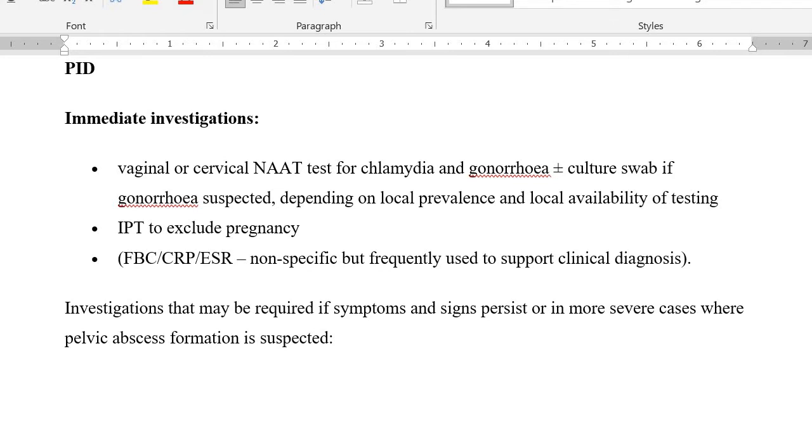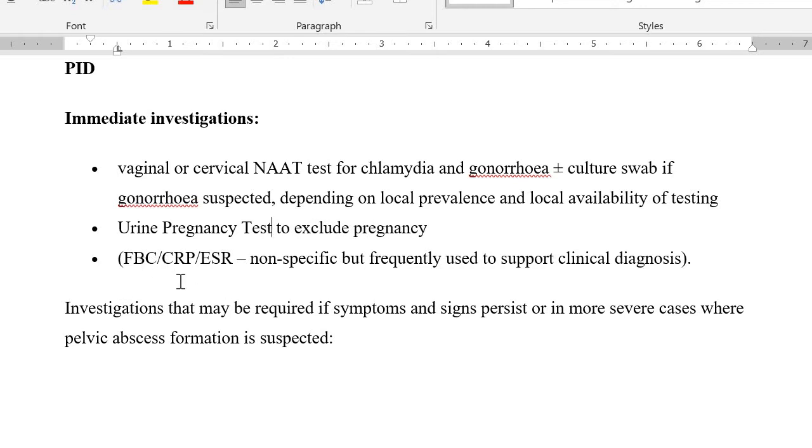Then we have to do the urine pregnancy test to exclude pregnancy. This is very important. Why? Because it determines which treatment should be given. In pregnancy you can give certain treatments, and outside pregnancy you can give other treatments. That is the point.